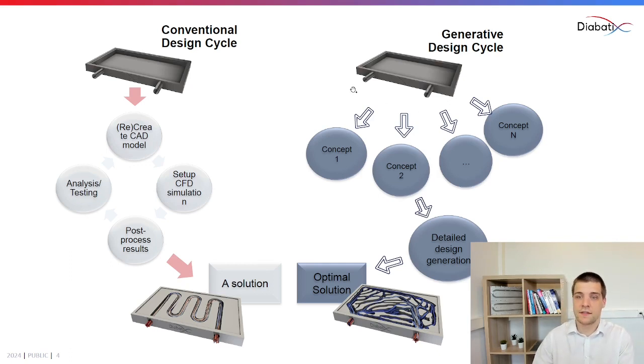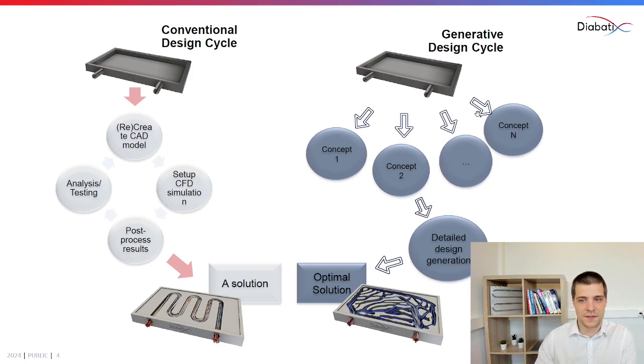On the right-hand side is the alternative approach, where again we start from the same input, an empty geometry, where cooling structures can be placed. In the first step, you can use generative design to generate a wide variety of different concepts to explore how a design change affects the performance.